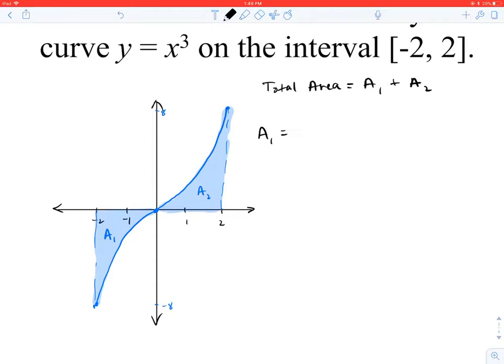So the first area is below the x-axis, so I'm going to need to multiply the integral by a -1 and integrate from -2 to 0.